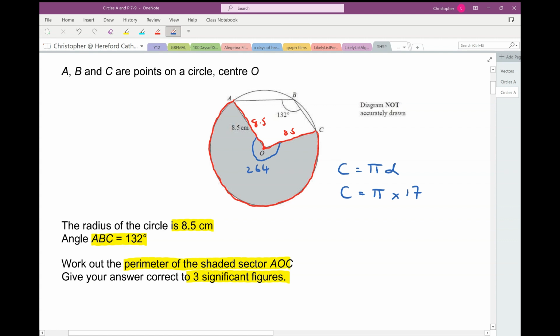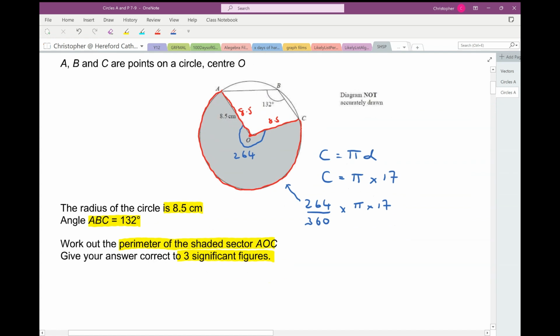I've got 264 degrees out of 360. So the length of the red curved line there is 264 360ths of 17 pi. So that's that bit.